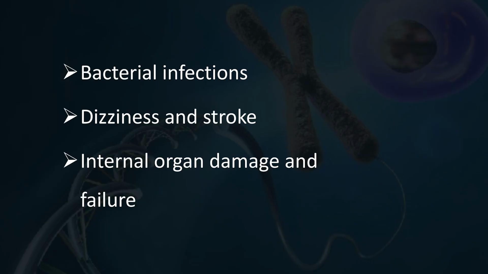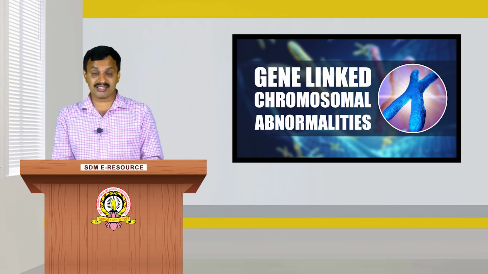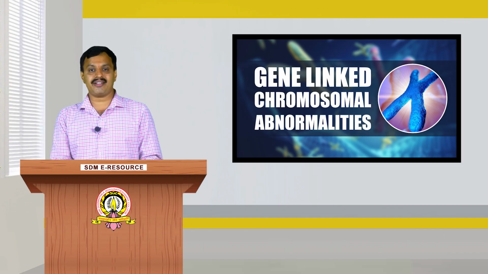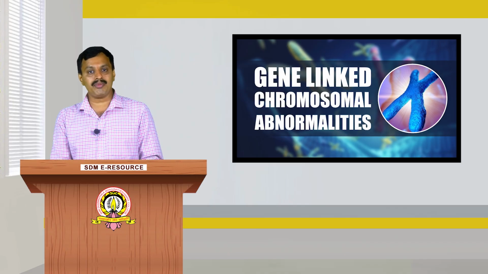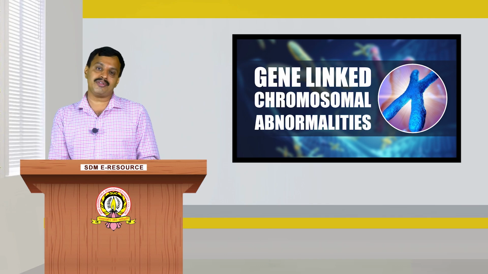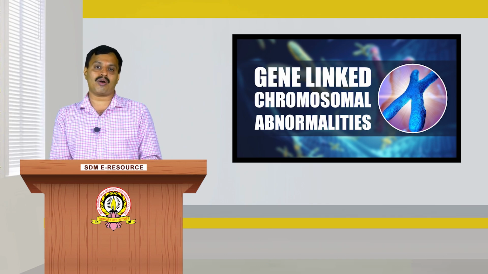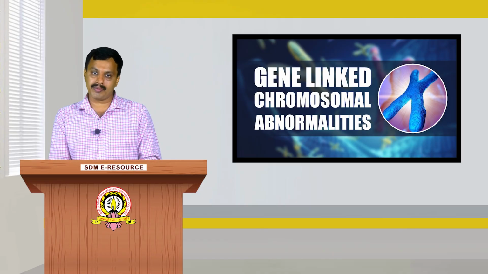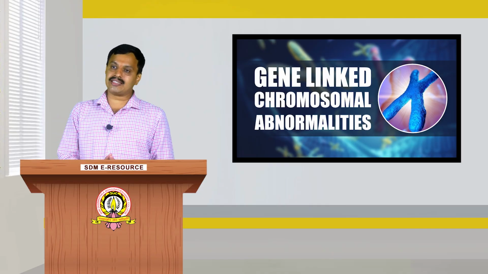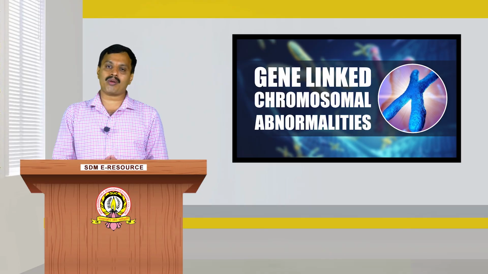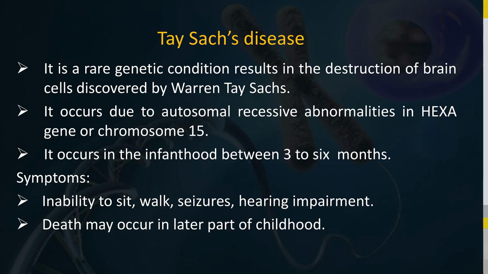Internal organs such as the kidney, heart, lungs and liver may get damaged as a result of anemia. So, failure may occur, and these individuals will live around 40 to 60 years if they are provided proper medication. Going to the next kind of gene linked abnormality, that is Tay-Sachs disease.